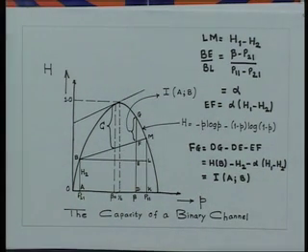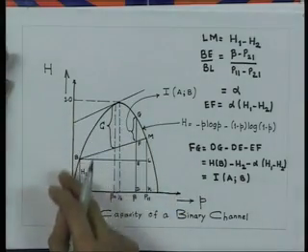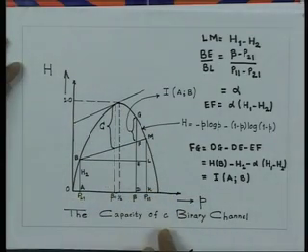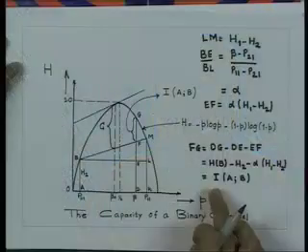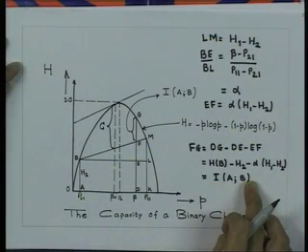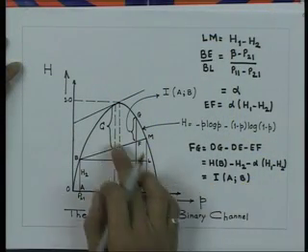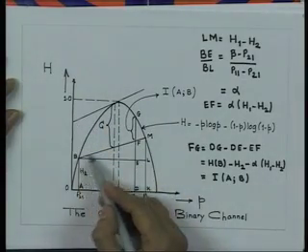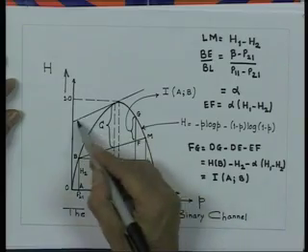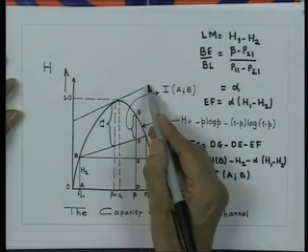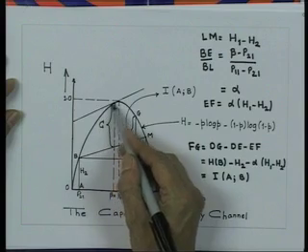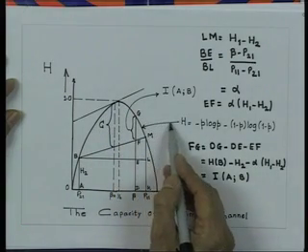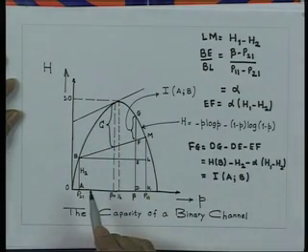So, in order to obtain the capacity for a general binary channel, which is equal to the maximum of I(A;B) over P(Ai), we find channel capacity C by drawing a line parallel to BM and tangent to this curve, which is an entropy function.